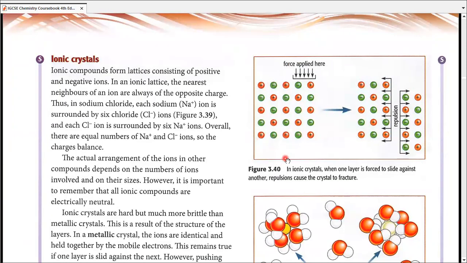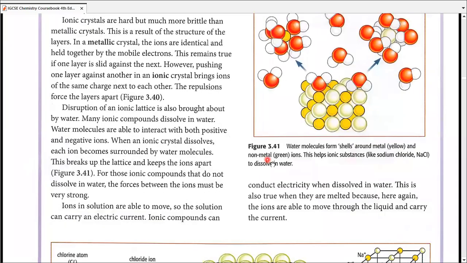Take an idea from this diagram. If we apply a force over here and we are able to move certain layers, then they are going to come in front of similar charges. So repulsions, repulsions, repulsions, and the entire portion would break from here. That's why they are brittle. Whenever we try to reshape them, they break instead of getting into a different shape. So ionic crystals are not going to be malleable and they are not going to be ductile either.